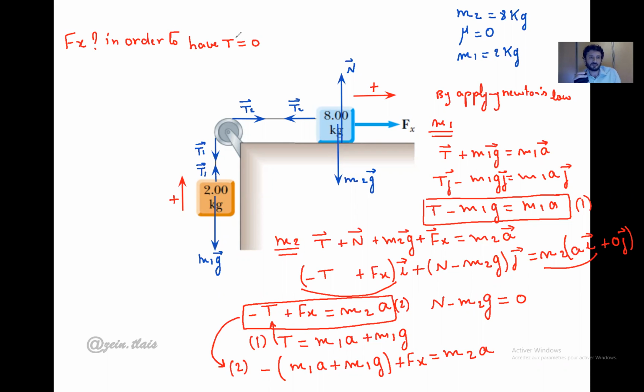So we need to calculate a relationship between fx and t. I mean, we have to eliminate between equation 1 and 2 the value of a. We can substitute the value of one equation in the other equation. So we need to eliminate a.